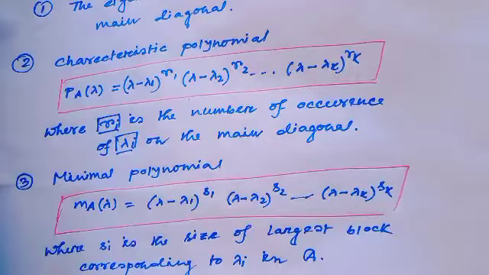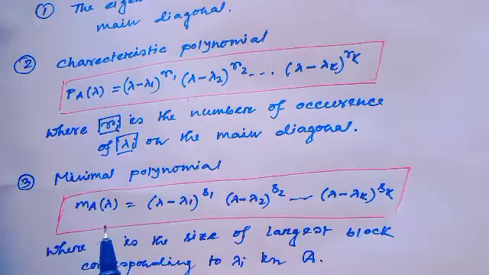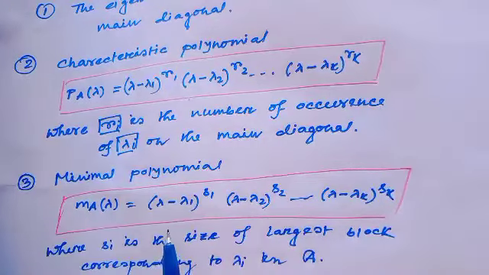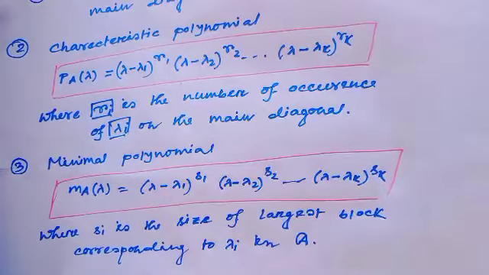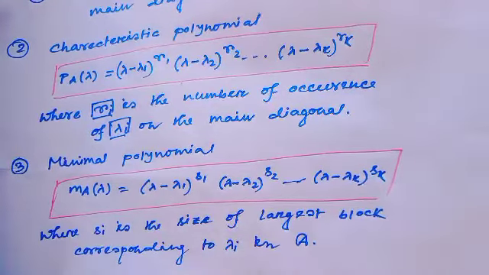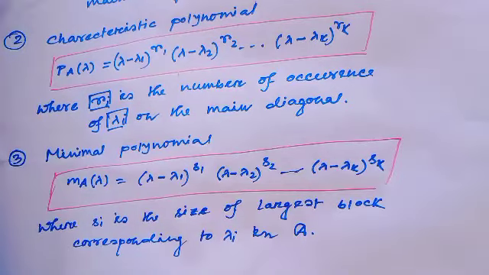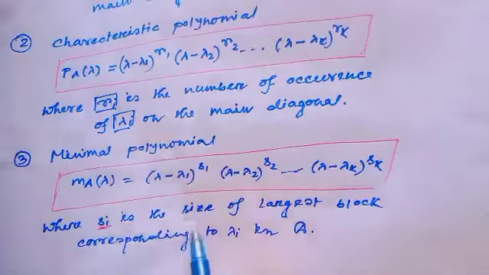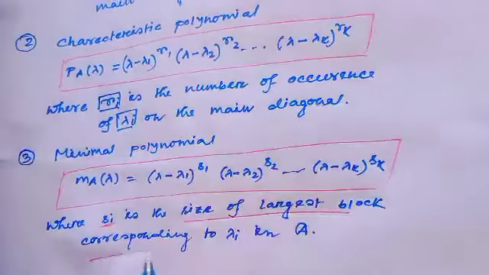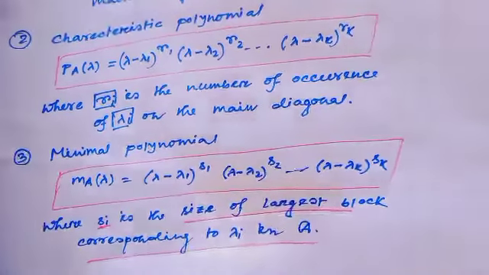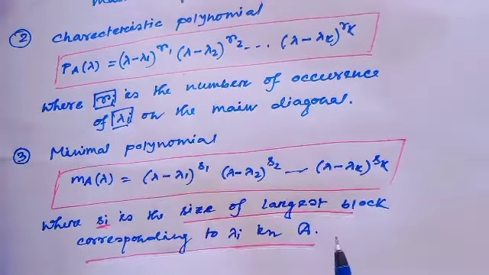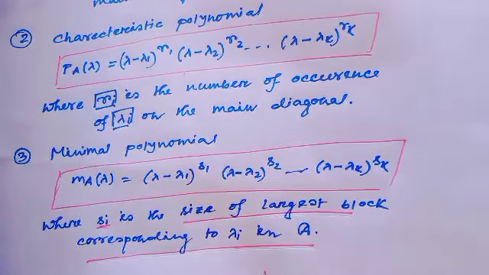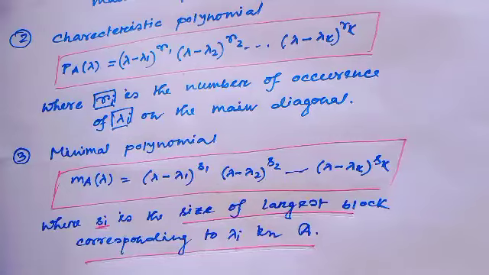The minimal polynomial, denoted m_A(lambda), is (lambda minus lambda 1) to the power s1, (lambda minus lambda 2) to the power s2, up to (lambda minus lambda k) to the power sk, where si is the size of the largest block corresponding to the eigenvalue lambda i in the matrix A. That means by minimal polynomial, we can tell the size of the largest block of the Jordan canonical form corresponding to any eigenvalue. Are you getting it?